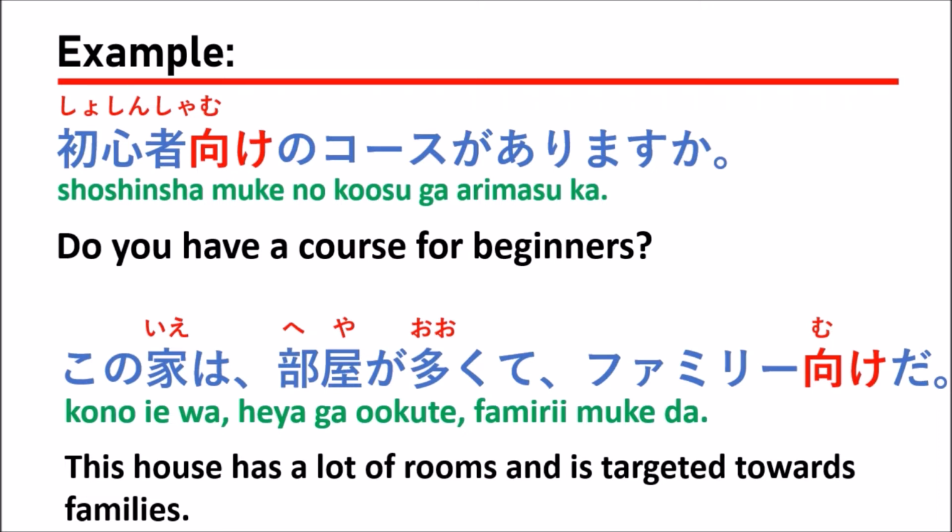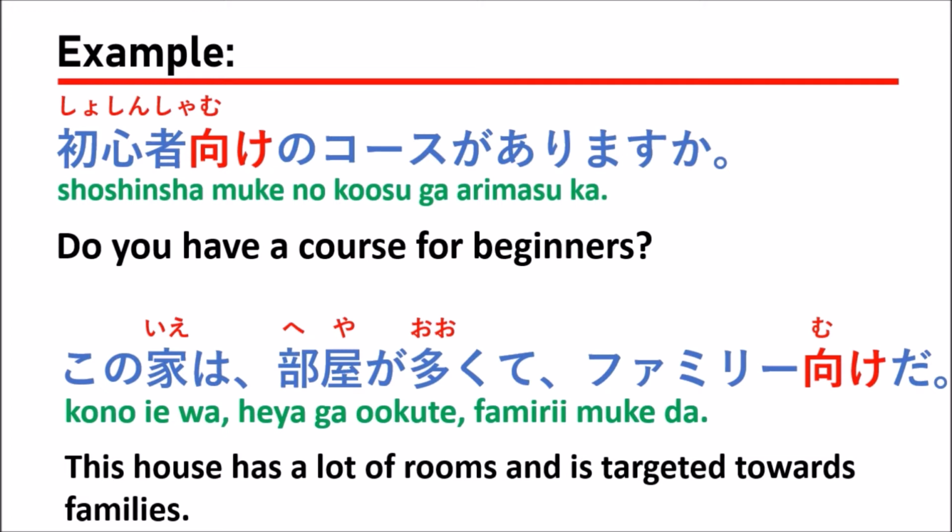And for the second sentence, our noun here is family. Family means family in English. They write it in katakana, taking the English meaning to be Japanese. If you say it in English, you can say families.